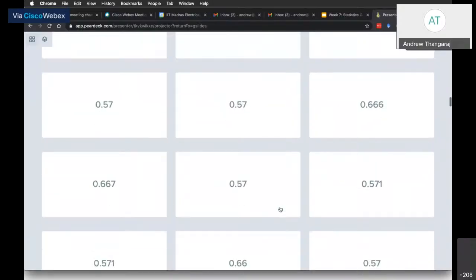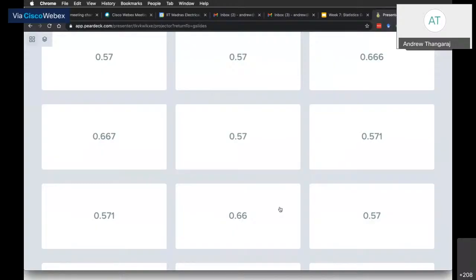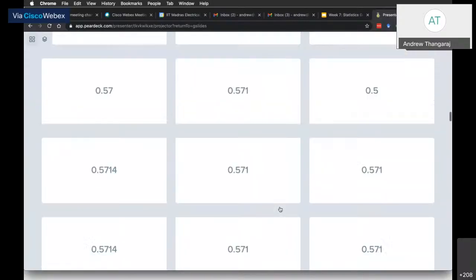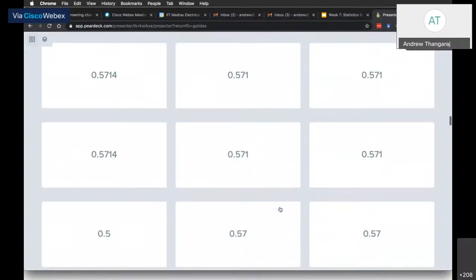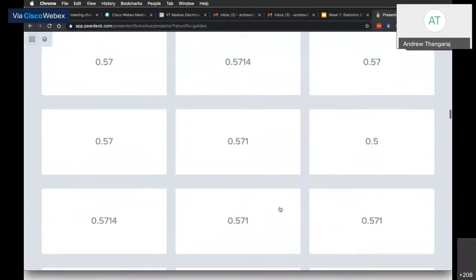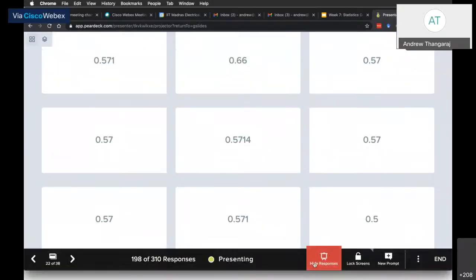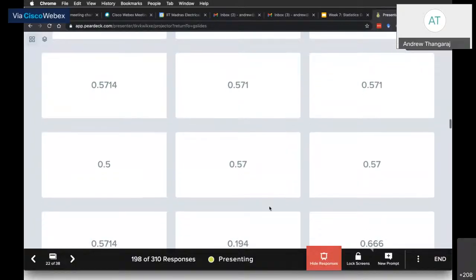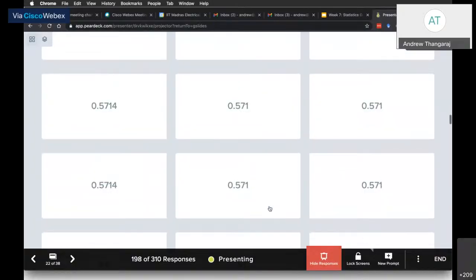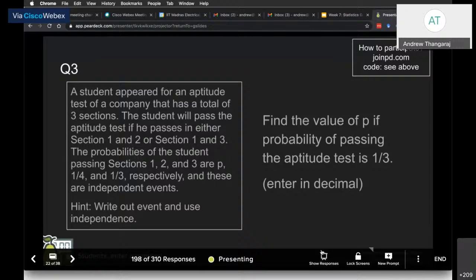There is 0.667, 0.66 coming here and there. 0.5714 is dominating. So how can someone put out 0.5714? Is there a quick expression that you can write out in the chat box maybe? I would like to see how you got 0.5714, because it seems to have quite a bit of popularity.